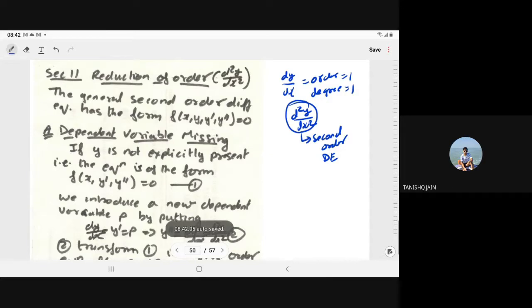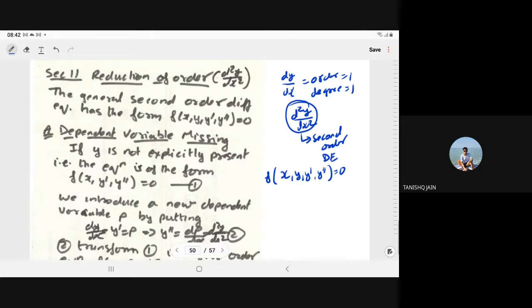The general second order differential equation must contain the independent variable, the dependent variable, its first derivative and its second derivative, and has the form f of x, y, y dash, y double dash is equal to 0.